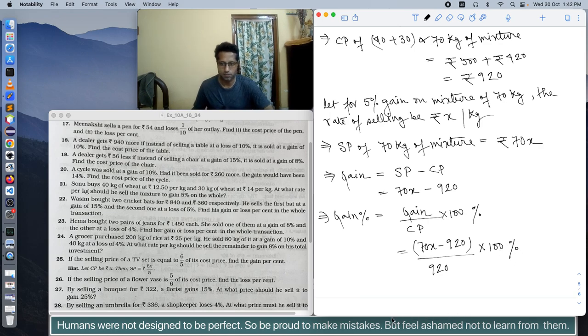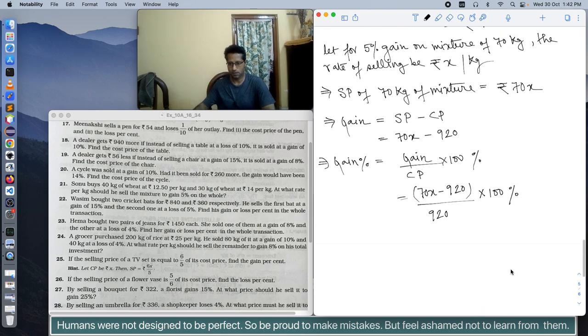This is the gain percent based on the fact that we have assumed the rate of selling of the mixture to be rupees X per kg, and the gain percent is already given to be 5%. So we can say that 70x minus 920 multiplied by 100 divided by 920 is equal to 5.